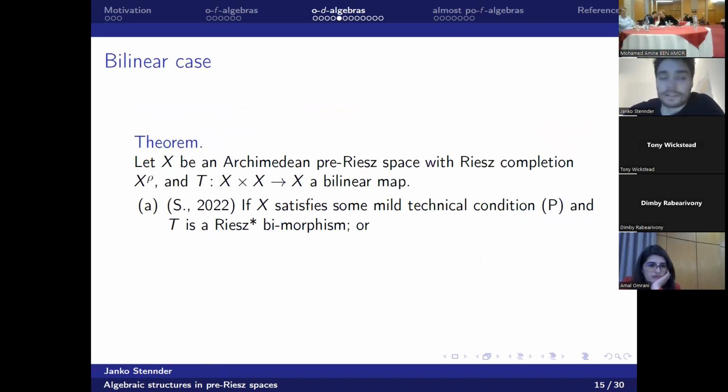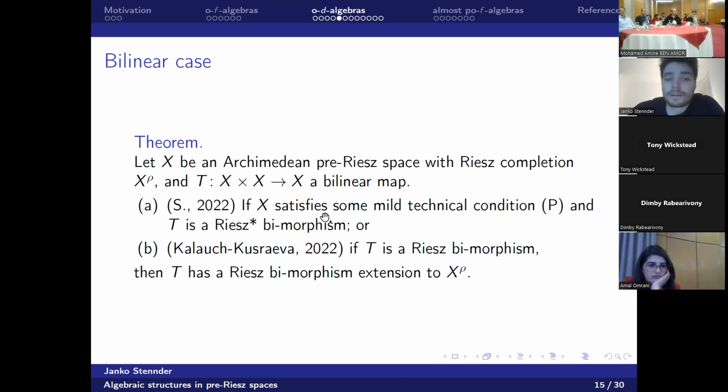And as we are concerned with multiplications, we can now consider the bilinear case of those kind of maps. So we have some Archimedean pre-Riesz space X with Riesz completion X rho, and now a bilinear map from the Cartesian product of X with X to X. And I proved that if X satisfies some mild technical condition, which we call just P now, and the map T is a Riesz-star bimorphism, or if the map T is just a Riesz bimorphism, then T has a Riesz bimorphism extension to X rho.